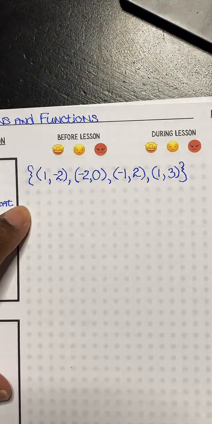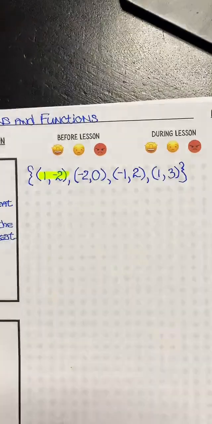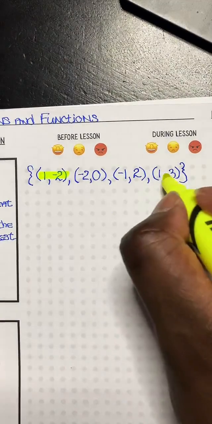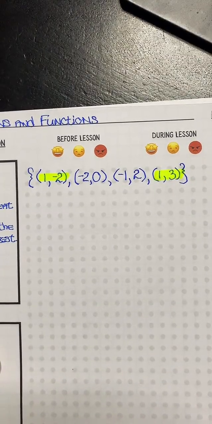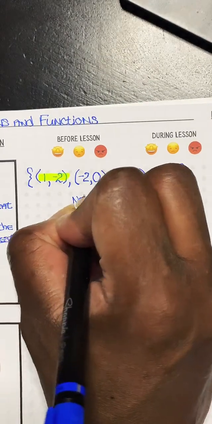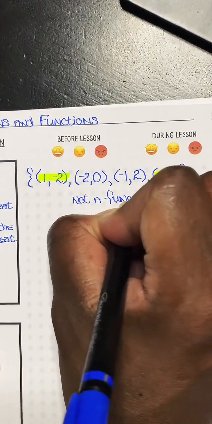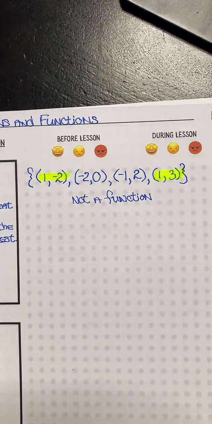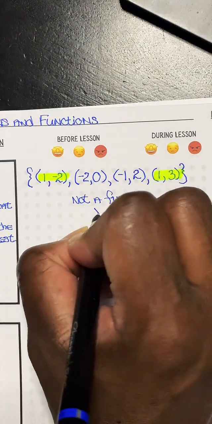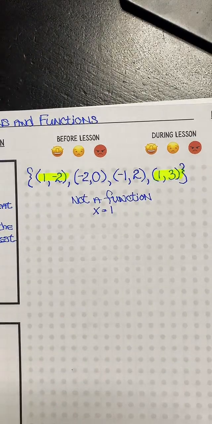So if I look, I notice that my x's are repeating in this 1, -2, and also here at 1, 3. So since the x's are repeating, this is not a function. It is a relation because we have x and y values, but it's not a function because x is repeating. Okay, it's repeating at x equals 1.